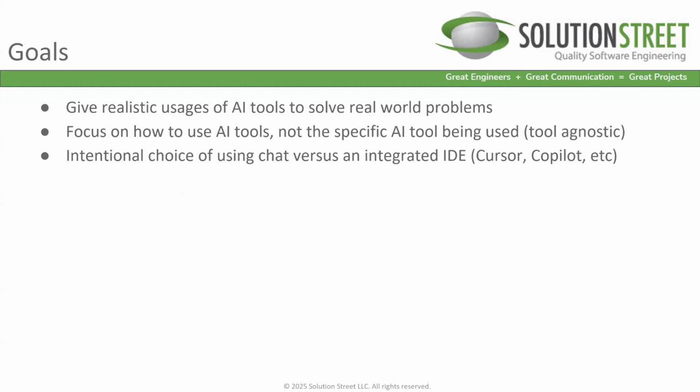Use what you like. And then I have an intentional choice of using chat versus an integrated IDE. I know there are lots of different ways. You can use Cursor, Copilot. There's a bunch of ways you can have it physically in your IDE. You can either chat in your IDE or you can prompt it. But in this case, I am intentionally choosing to use a chat. I personally, at this point, like the ability to control what I'm actually putting into the tool.